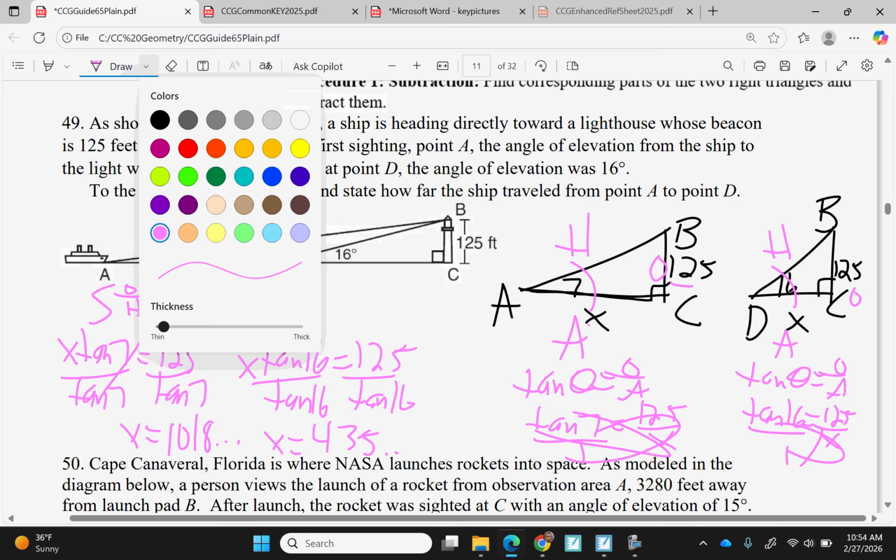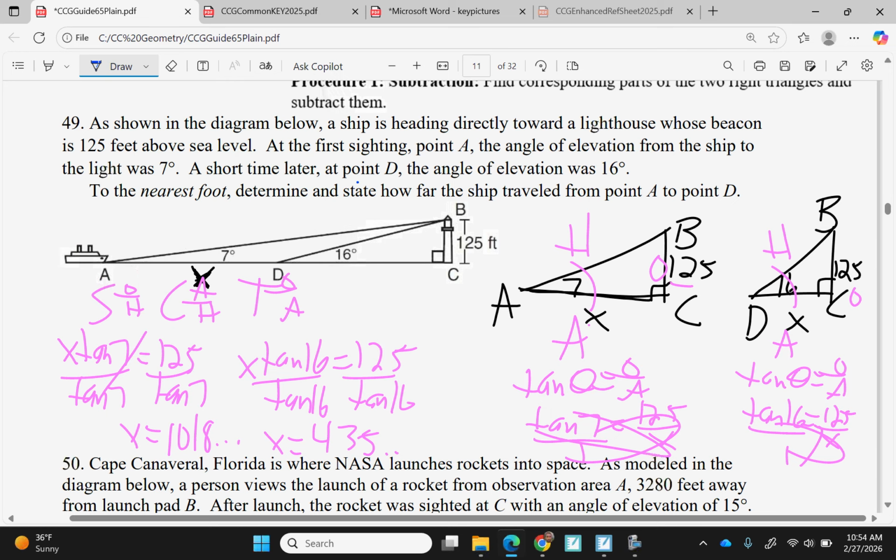Now, I don't have to put it into the picture, but it might be helpful for you to see what's going on. So I just found, let me get rid of that SOHCAHTOA at this point, that this whole thing is 1018 dot, dot, dot. I found that this right here is 435. So now to find that missing piece, I'm going to subtract.